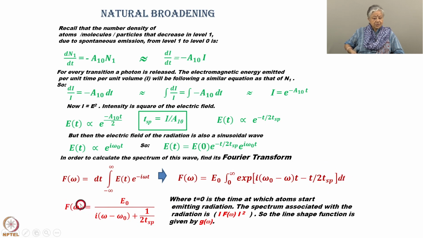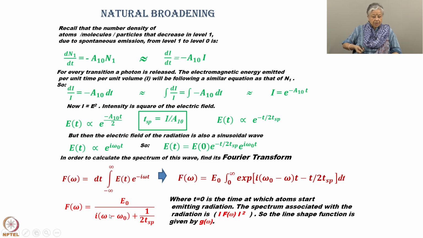In the frequency space, F of omega is given by this. So, I have a tau spontaneous. So, my F of omega is dependent on how long the atom, molecule or that particle stays in the upper level. So, it depends on tau spontaneous, and of course, the central frequency is omega 0.